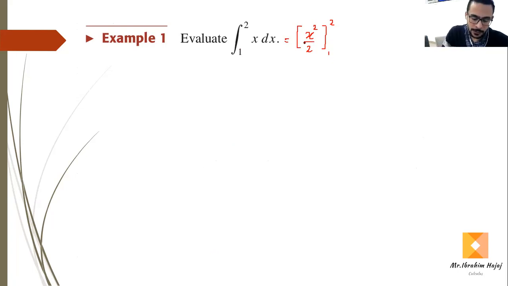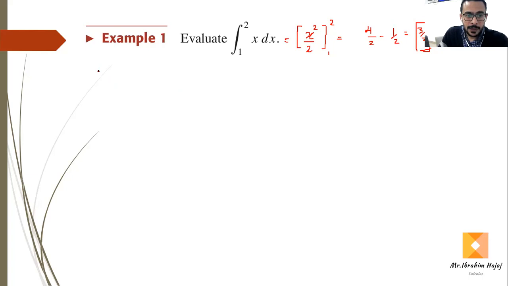Next step is substituting 2 first, it's 4 over 2, minus substituting 1 for x, it's 1 over 2. So your final answer is 3 over 2.